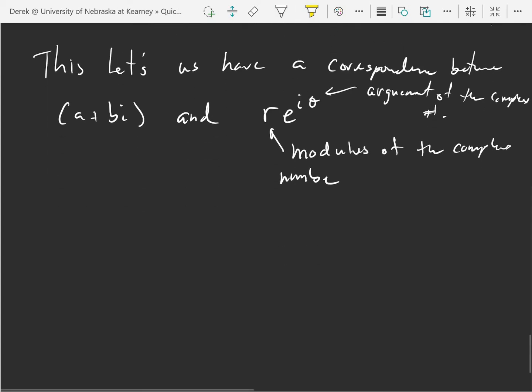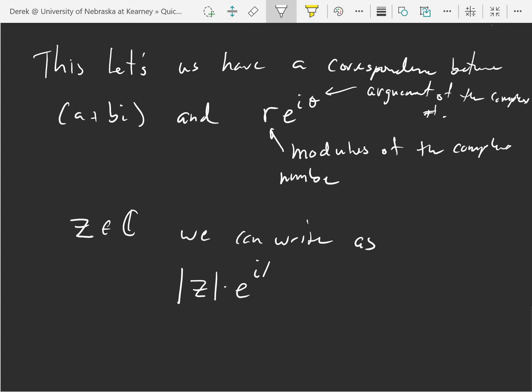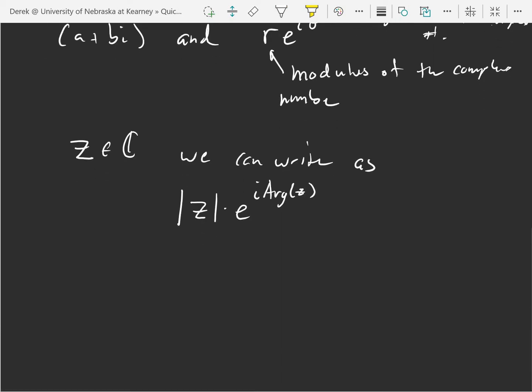Okay. So z being a complex number, we can write z as the modulus of z times e to the i argument of z. And that argument of z is sort of the arctangent of the imaginary part divided by the real part. But this argument of z thing, this e to the i theta thing, is really nice.